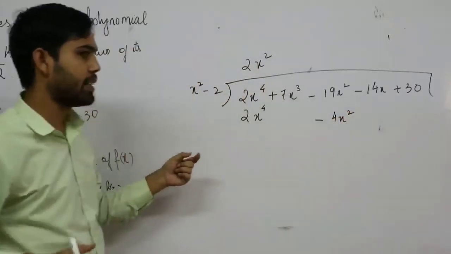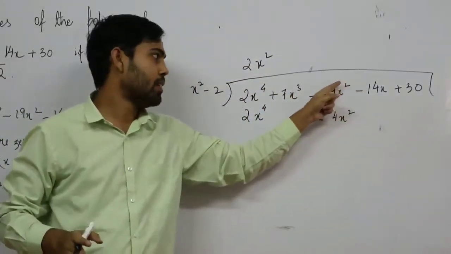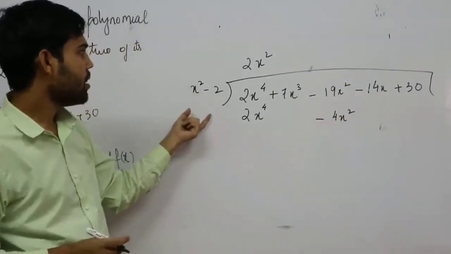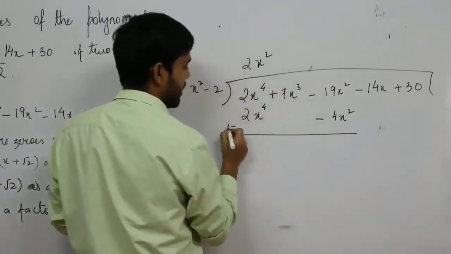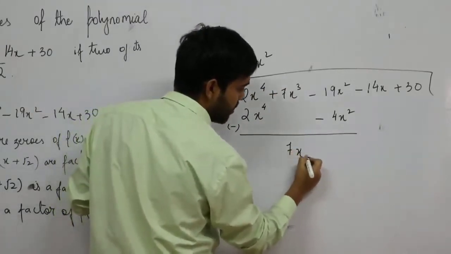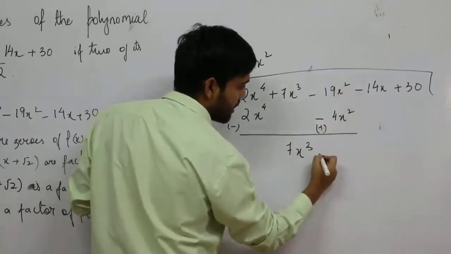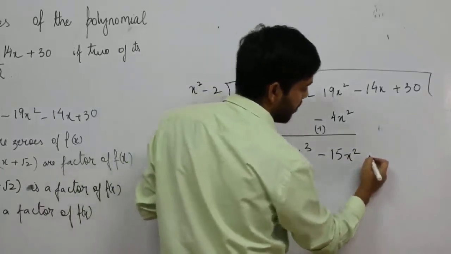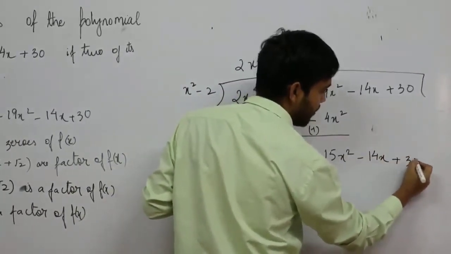My intention is to write the like terms together. Then I do the subtraction. This will get cancelled, the 7x cubed will come down, and this will be minus 15x squared minus 14x plus 30.